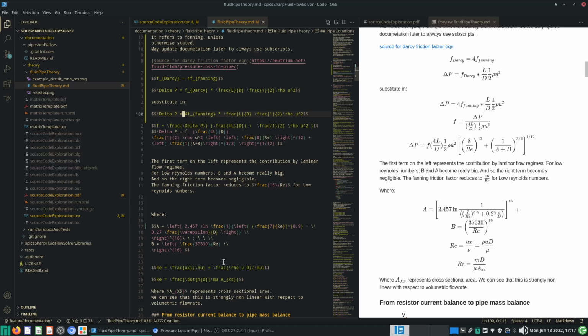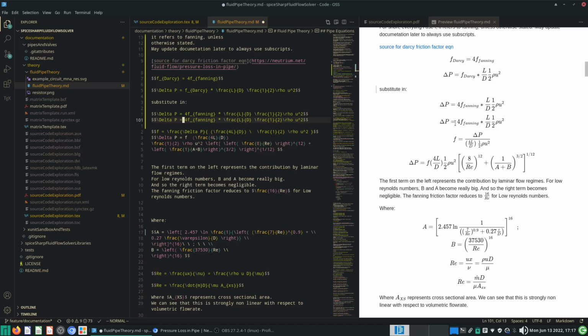So this is what we have, and then I'll yank and paste this. I'll put this 4L over D here. See, I just shifted the 4 in, and this is how we get the expression for Fanning's friction factor as an expression of pressure drop.